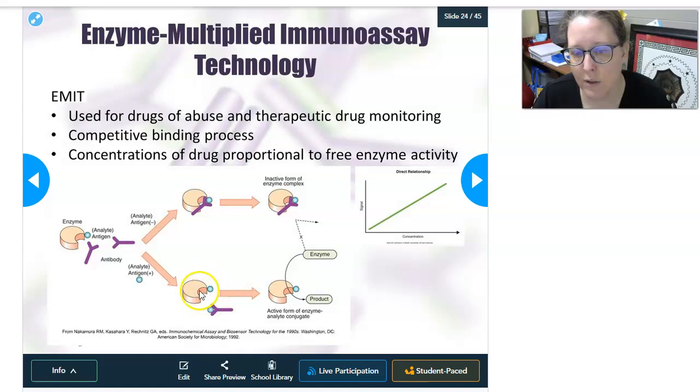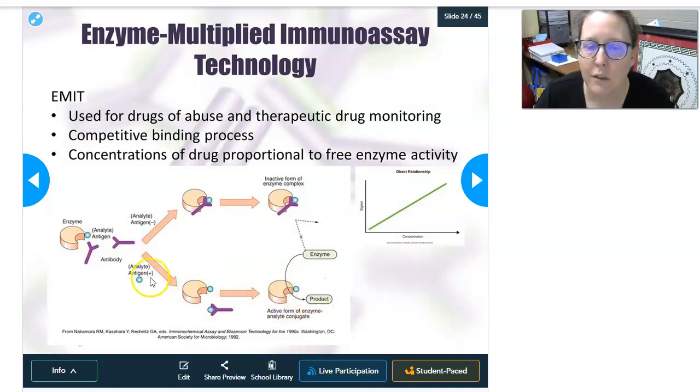Therefore the active site of that enzyme bound with that antigen will be available to react with the substrate and create a product. This should say substrate instead of enzyme, but anyway, the active site is free. It reacts with the substrate and causes a color change, which can be detected.